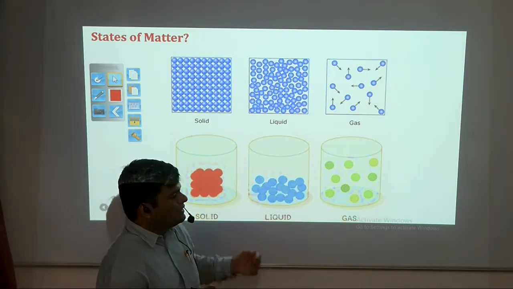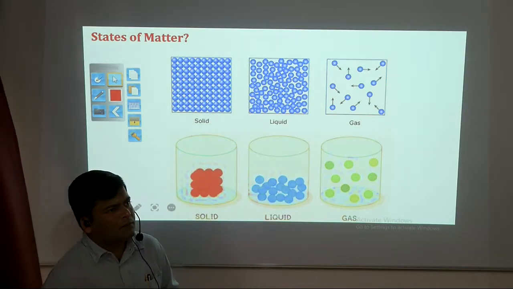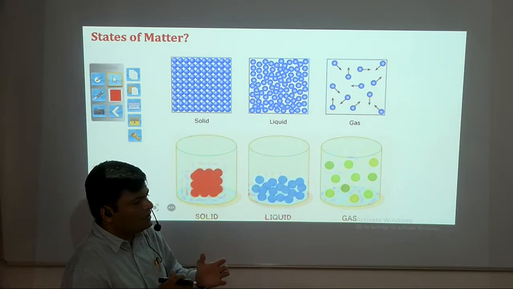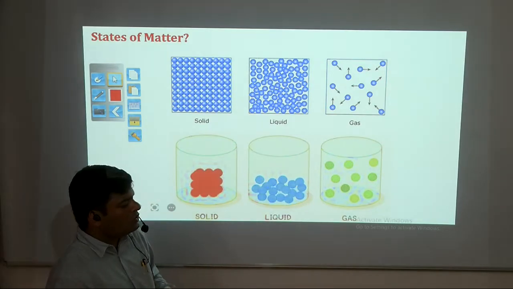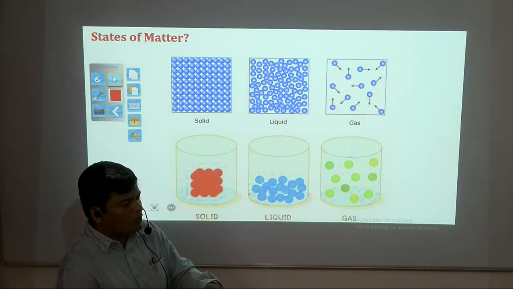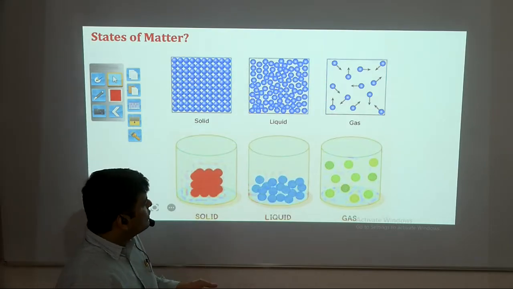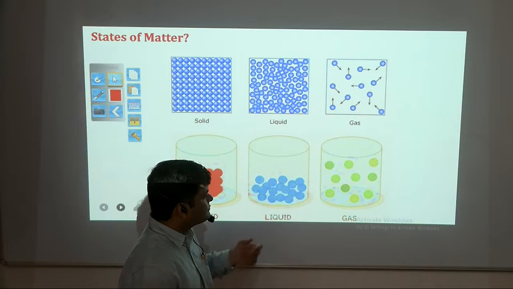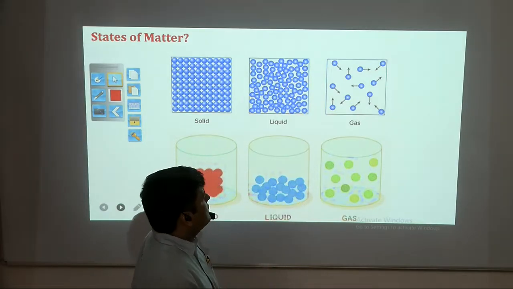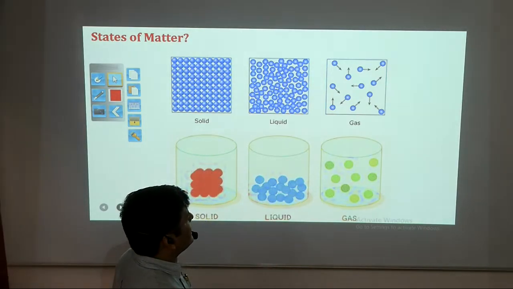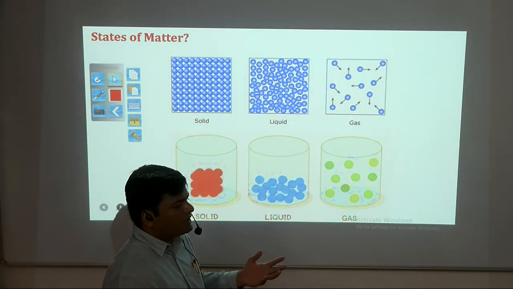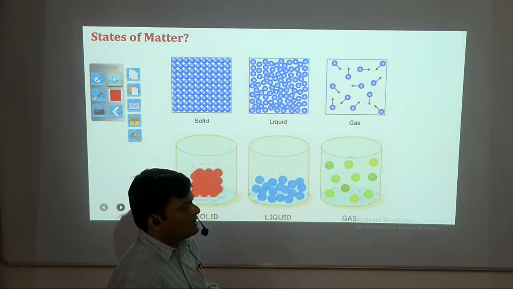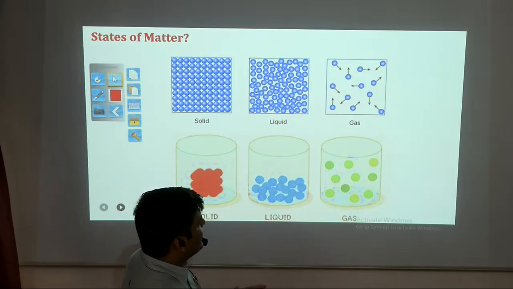Coming to the liquid, as the intermolecular forces are comparatively lower than in the solid, the molecules can flow from higher pressure to lower pressure. And a gas can acquire the volume of the container. If the volume of the container is smaller, it acquires the small volume.